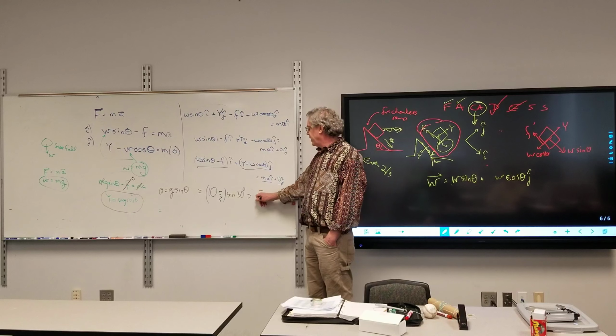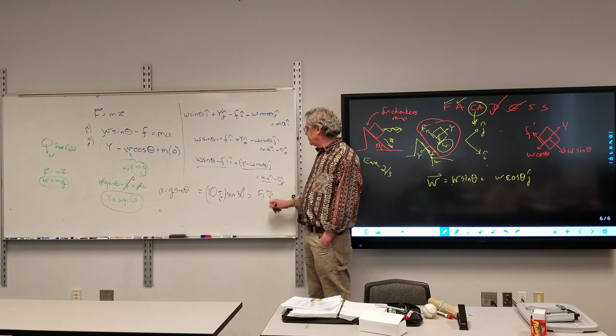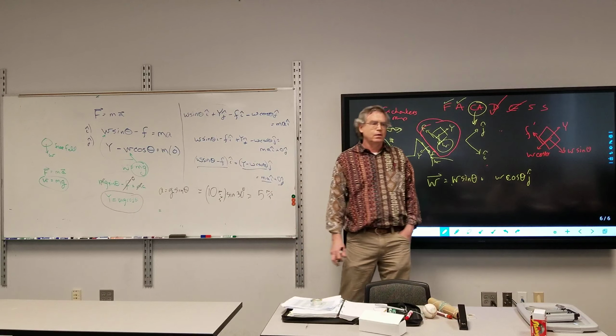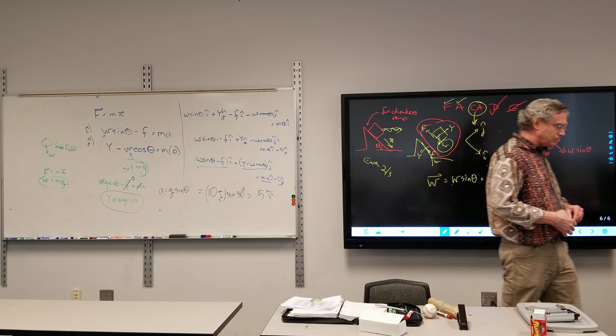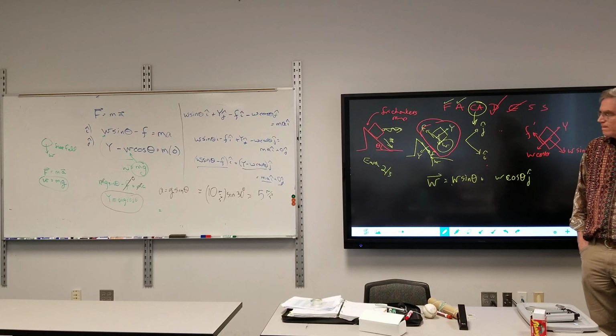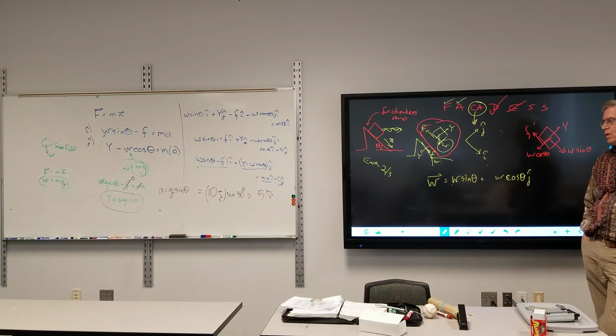And we end up with 5 meters per second squared. What is the 30 again? I just said make it 30. Okay. Because I can do sine of 30 degrees in my head.